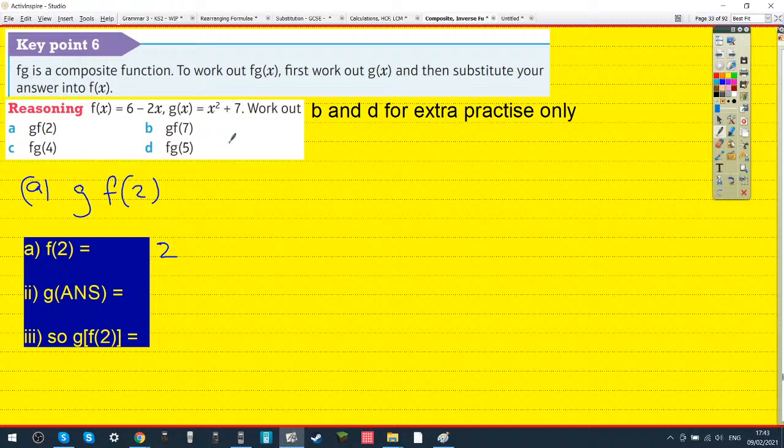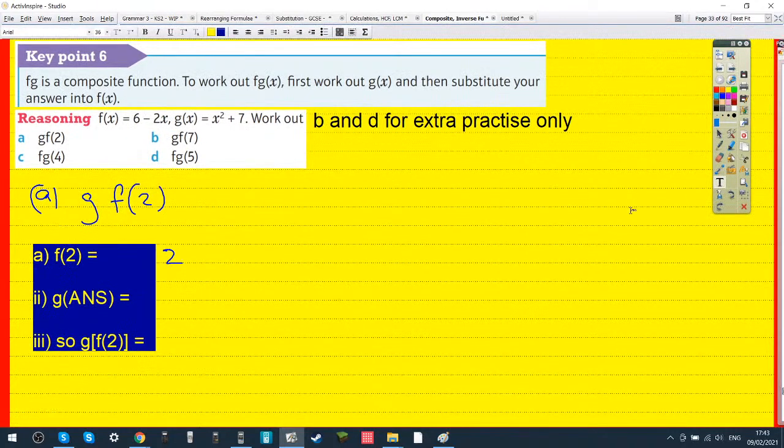So 2 squared plus 7. Yep. What is that? It's 11. Correct. 11. Okay. Let's try question C. This time it's a different number and it's the opposite order.